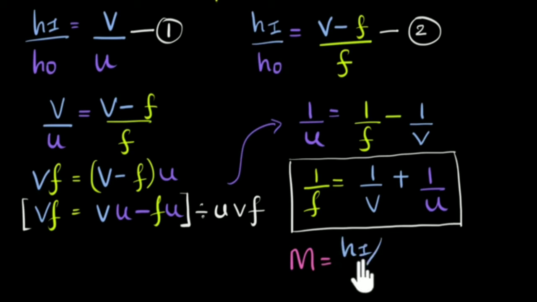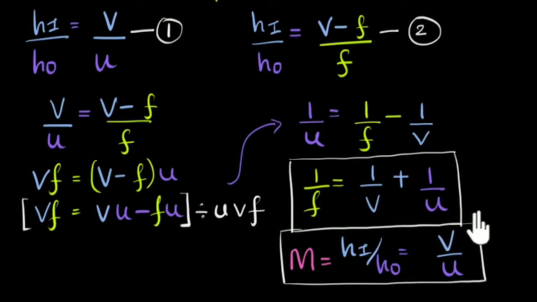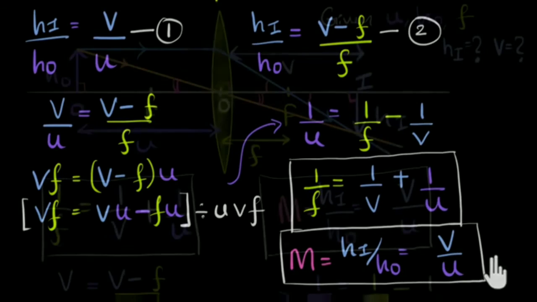It tells us how much the image is magnified compared to the object, and that turns out to be, as you can see, just v divided by u. That's the second equation. So let's bring these two equations to the top.